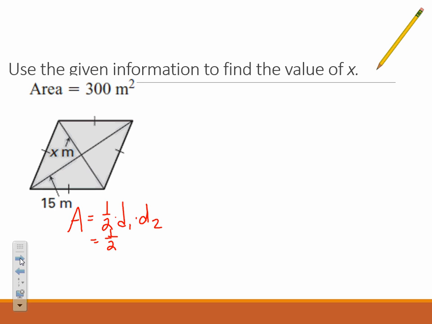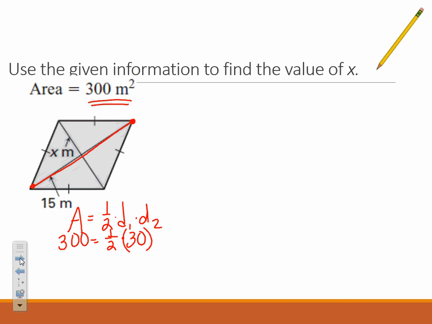Now if I plug in numbers, I know that the area was given to me to be 300, given right here. So I'm going to plug that in where the A is. This time I'm not trying to find the area, I'm trying to find a missing dimension using the area. Now diagonal 1, 15 here, 15 more, all the way across 30.